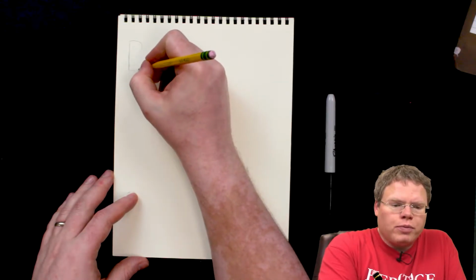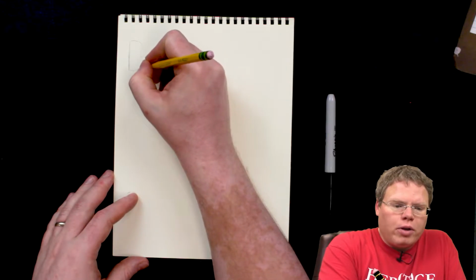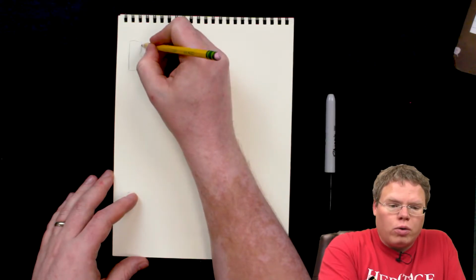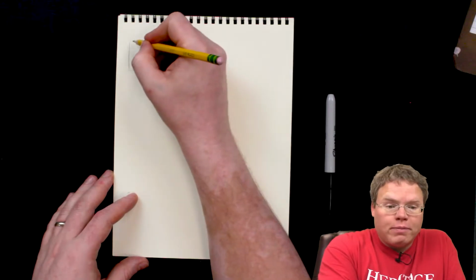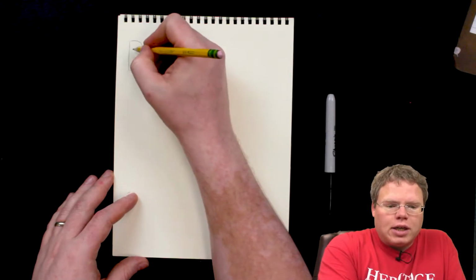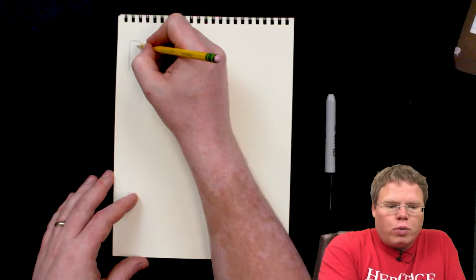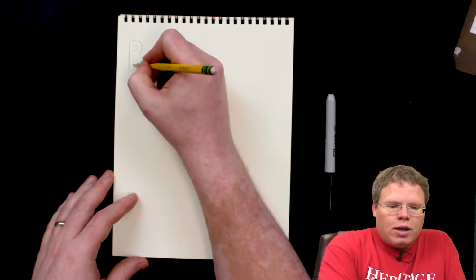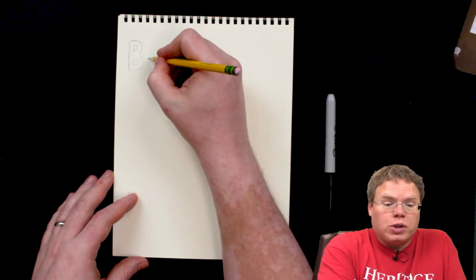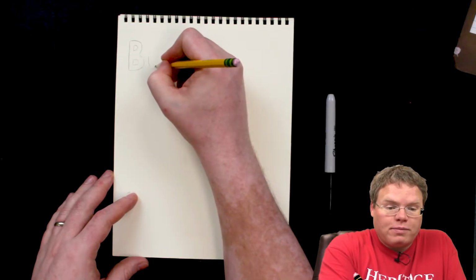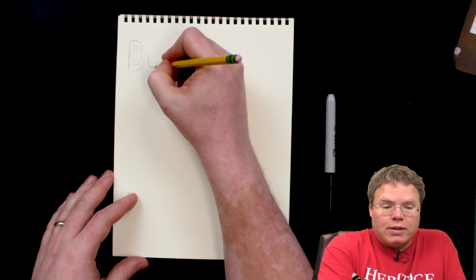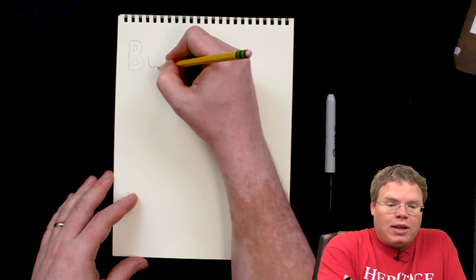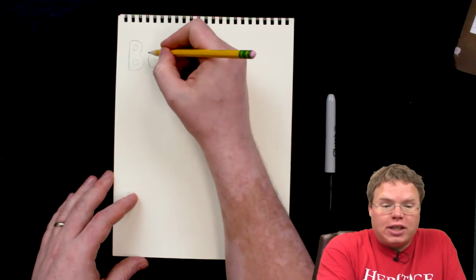GeoCities was a place where anybody who knew how to code in HTML could build their own website for free. And so a couple of buddies and I built a website on GeoCities called Buy Our Sock. That was it. We didn't actually have a sock that we were selling. We just had a picture of a stinky sock.